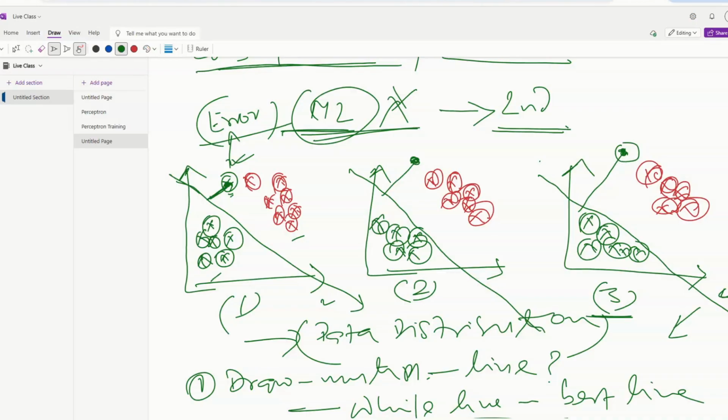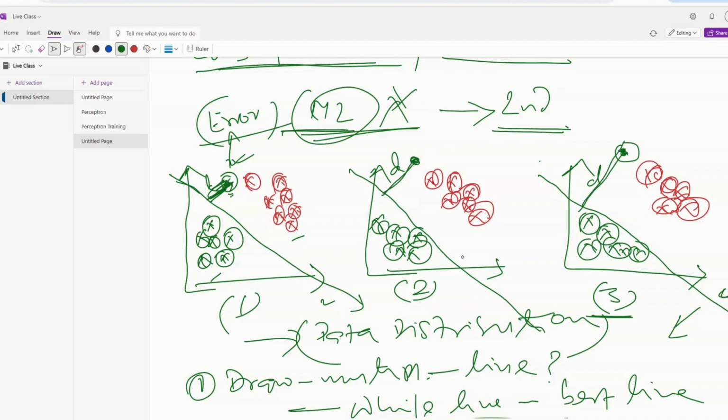If I plot some perpendicular distances, this is my distance d. So from the graph I can figure out which line has the maximum distance of the points which are misclassified, I mean which line has more error. If the distance is more, suppose in the first case the distance is minimum, then it is larger, then this is the maximum distance.